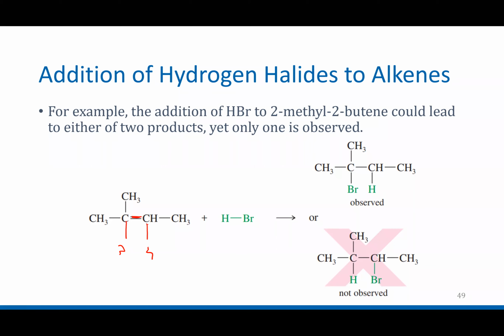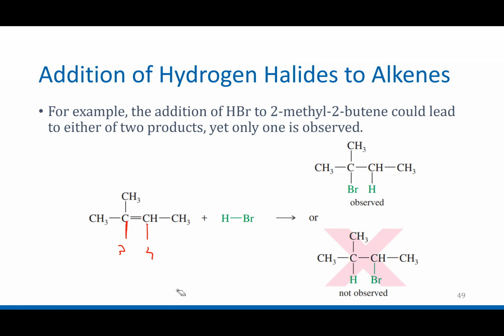So instead of getting two, we get one. That double bond breaks and opens up to grab onto two new things. So the question is, if I have H and Br, which carbon does the hydrogen go on and which carbon does the bromine go on?